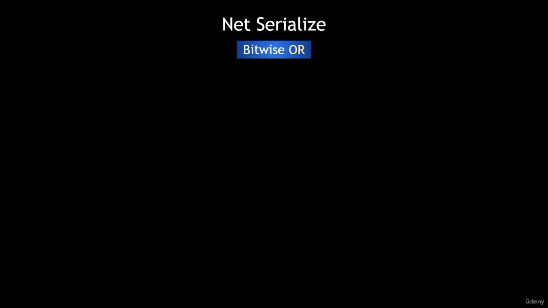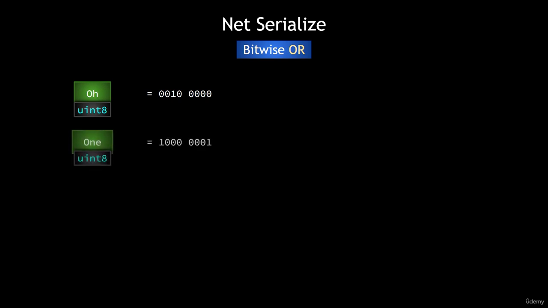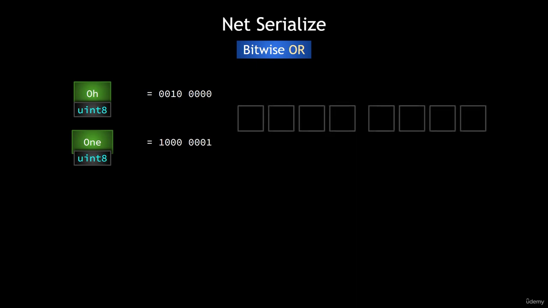Now that was a pretty easy example. Let's try another one. Let's say that O is this number here. We have a 1 in a digit that's 2 away from the end at the left there. And we have 1, which is this number. Now, the bitwise OR results in a uint8, and we check bitwise each digit, performing the OR.